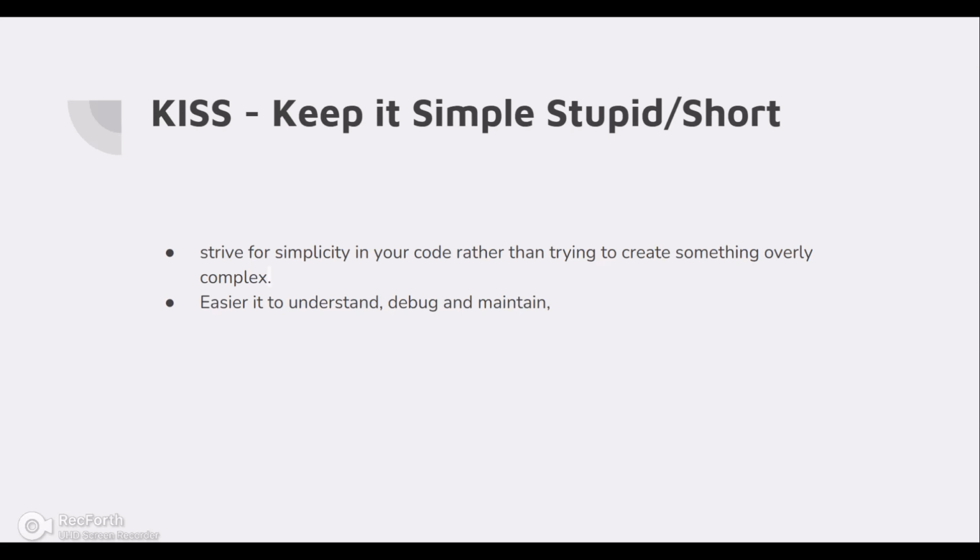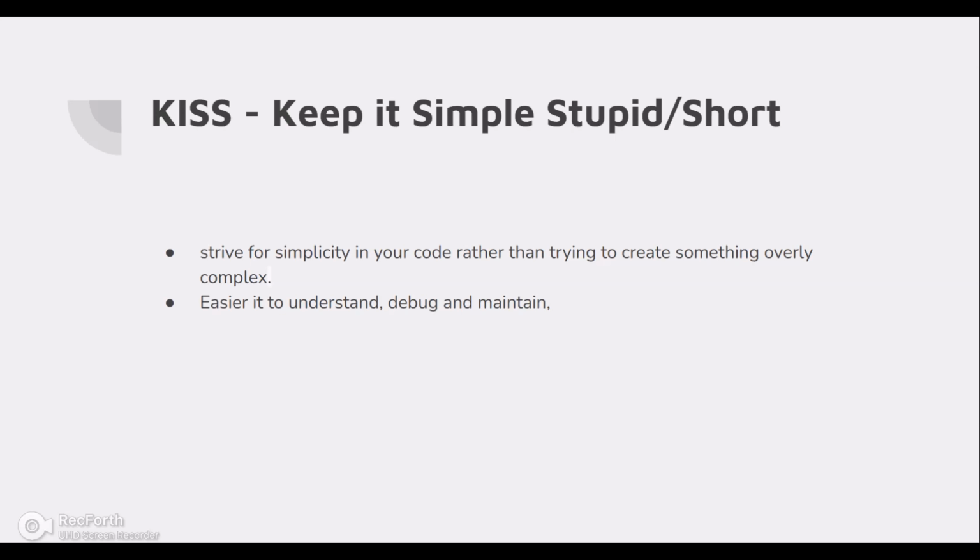KISS will make it easier to understand, debug and maintain our code. Maintenance is very important. Usually what happens is that we develop a small phase 1 or a POC in a couple of months. After that we may have to expand this code to phase 2, phase 3, something like that.